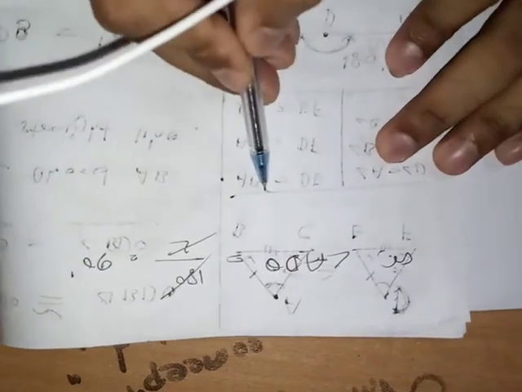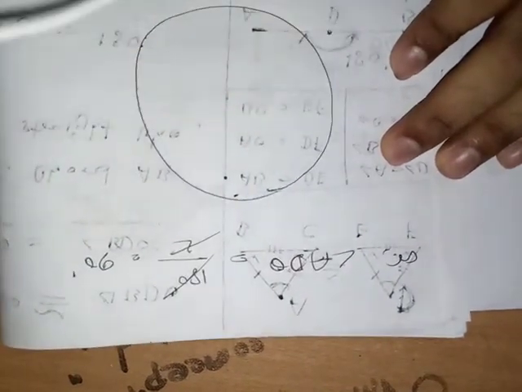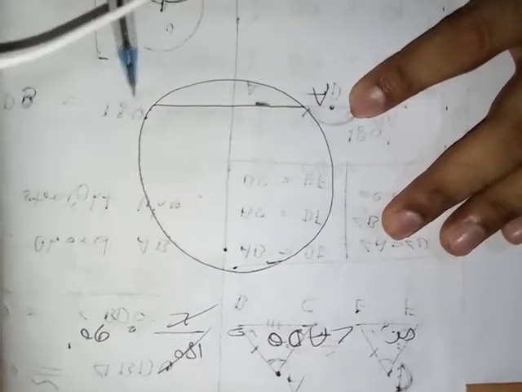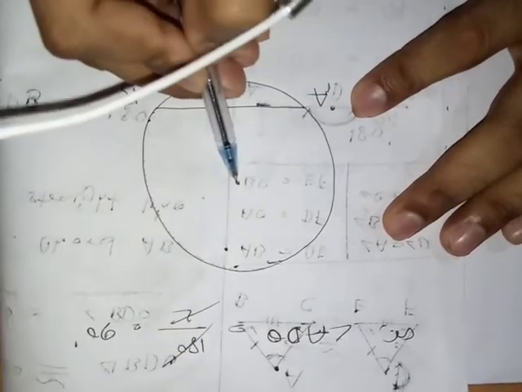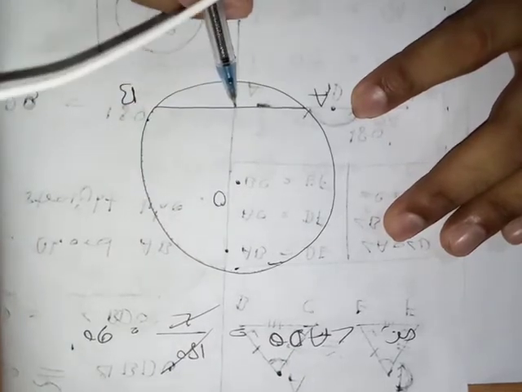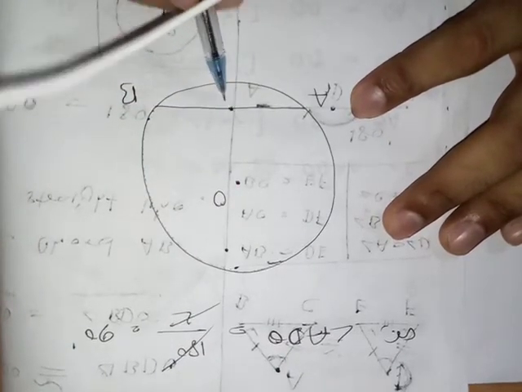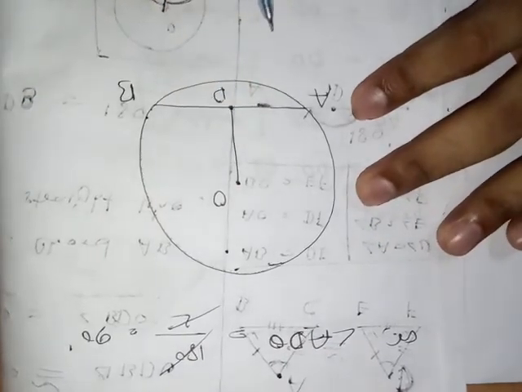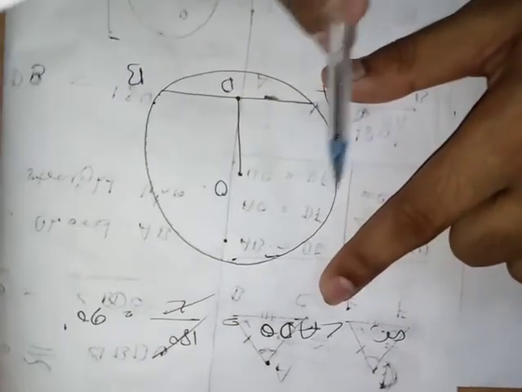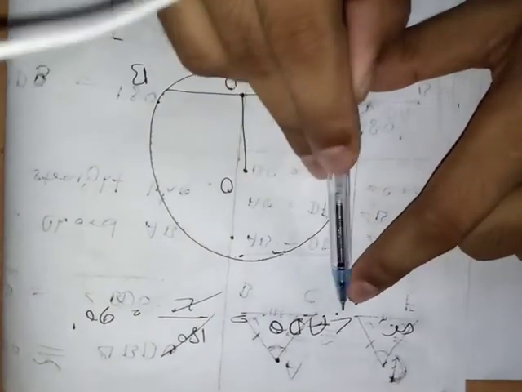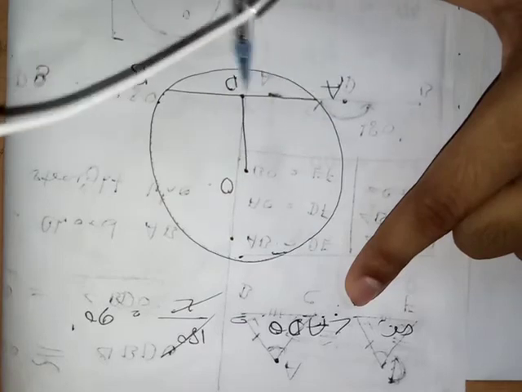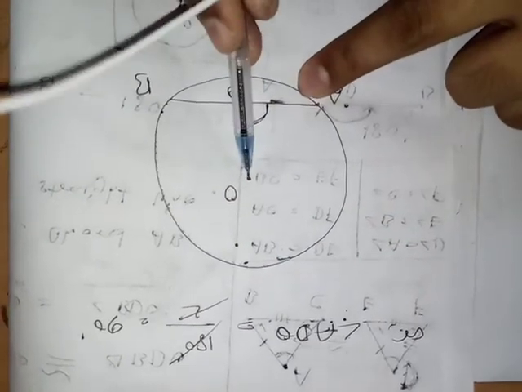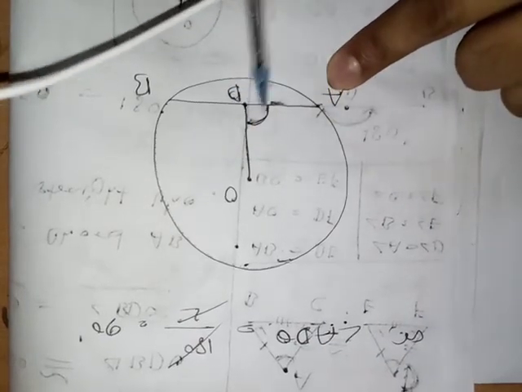So if I draw the diagram again, this is our circle, this is our chord AB, this is our center O, and this is the midpoint D of the chord AB, and we have joined the two points OD. Now see, we have proven that angle ADO is equal to 90 degrees.